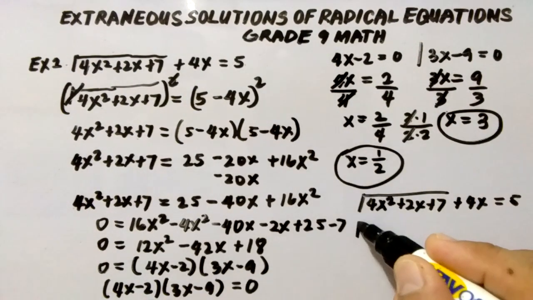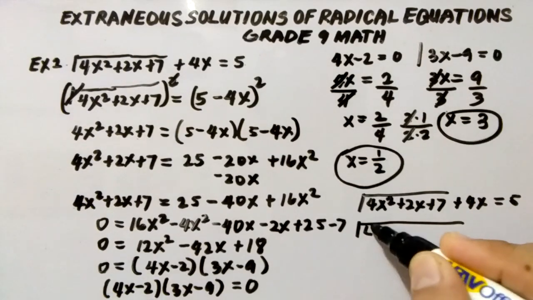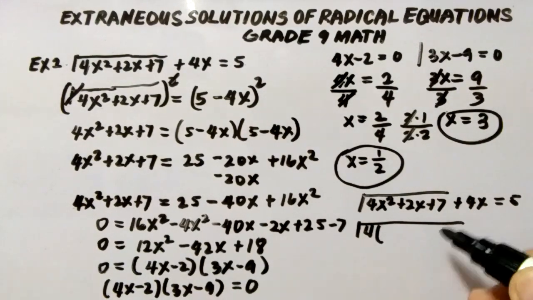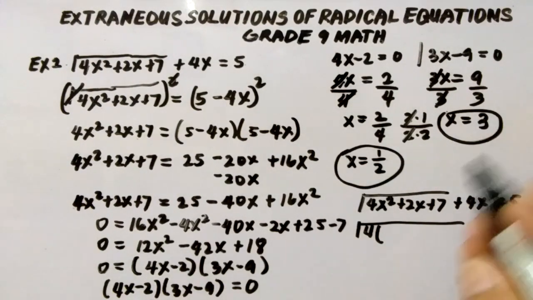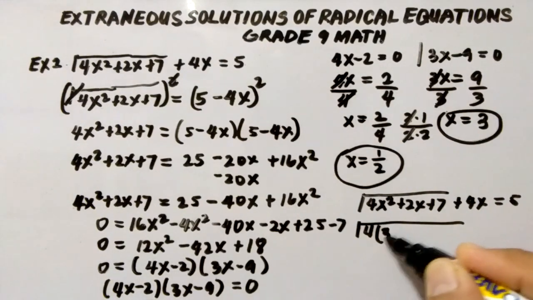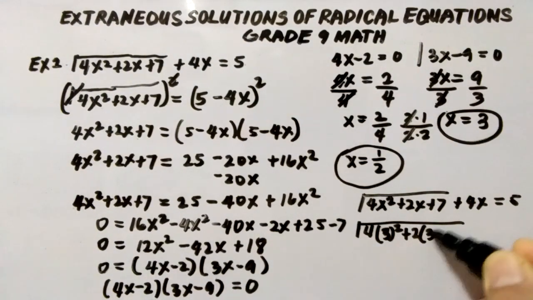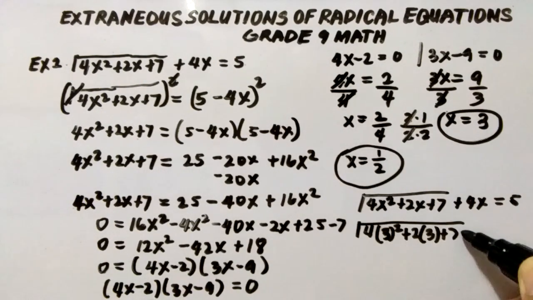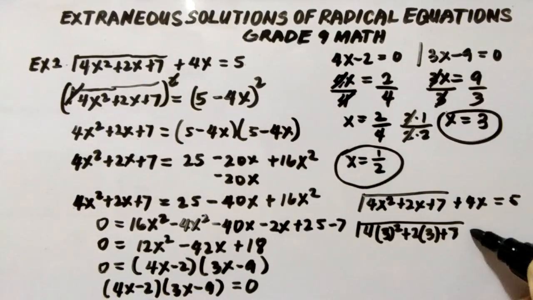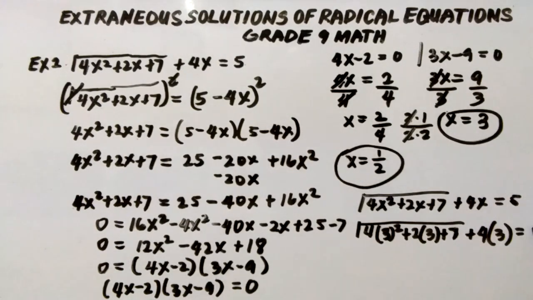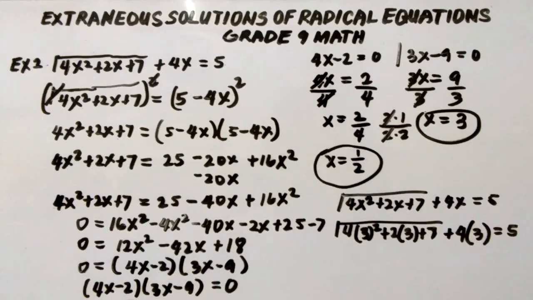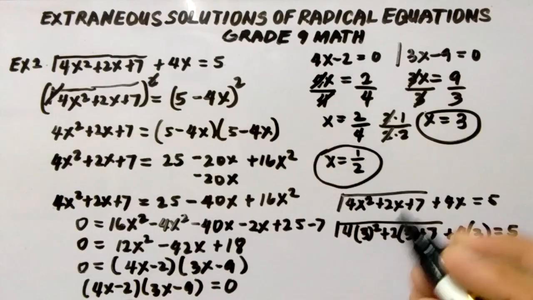Then, unahin po natin itong x is equals to 3. So, substitute po natin dito. 3 squared plus 2 times 3 plus 7 plus 4 times 3 is equals to 5. Okay, ulang lang po natin ng konti para makita.